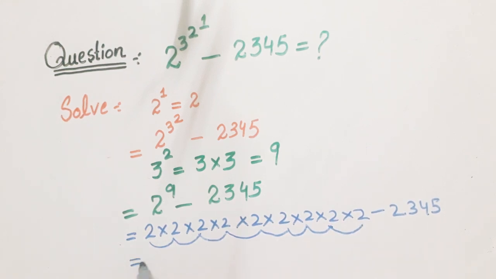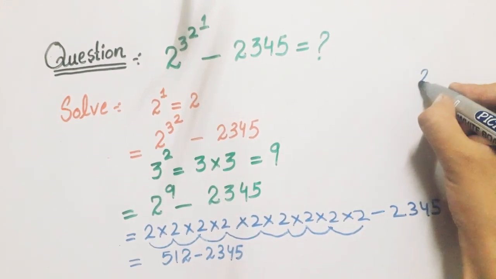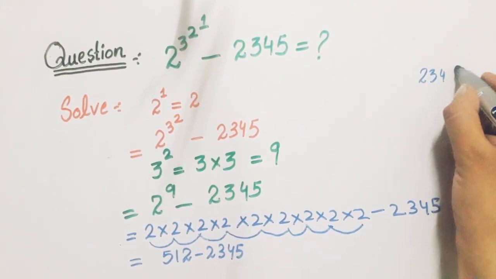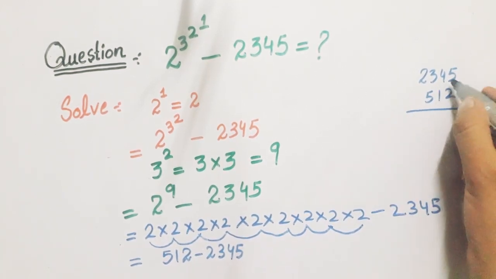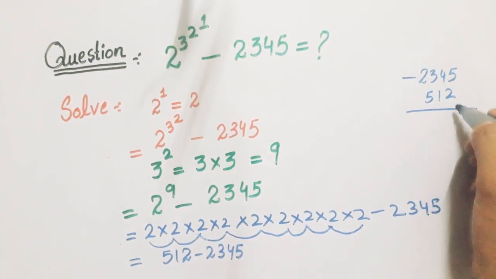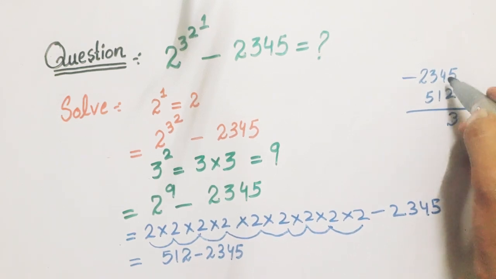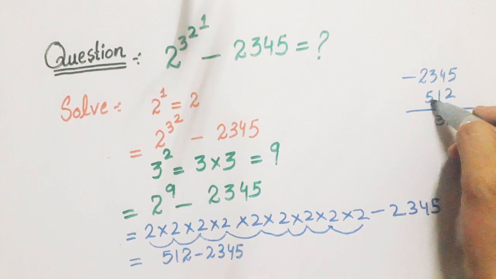So we will write this here, 512 minus 2345. So we will solve this further. 2345 minus 512. That gives 5 minus 2 is 3. 4 minus 1 is 3. 3 minus 5 cannot be done.